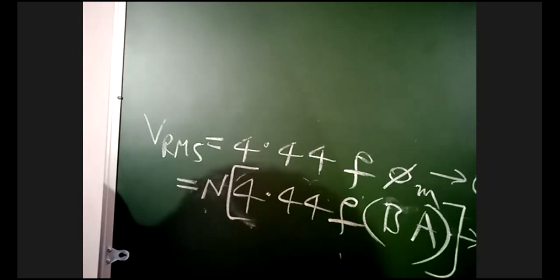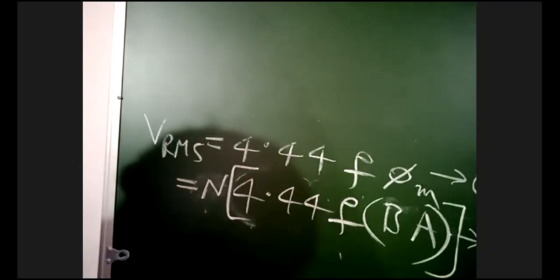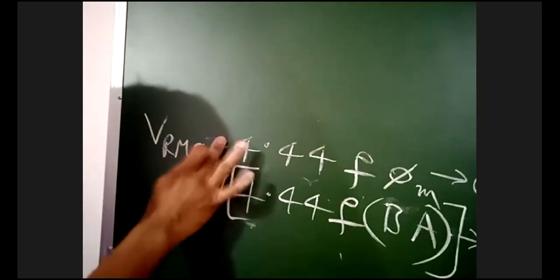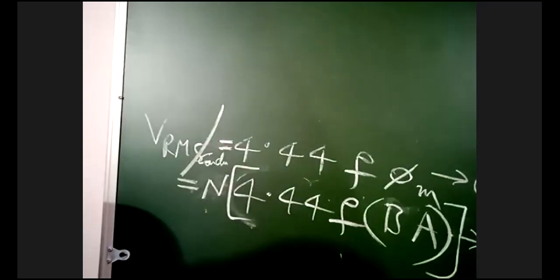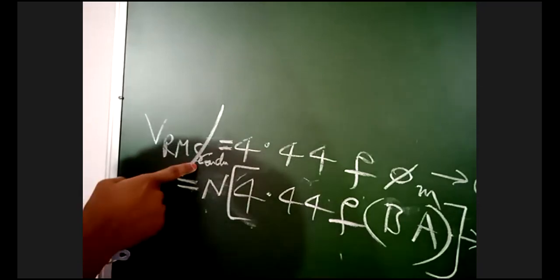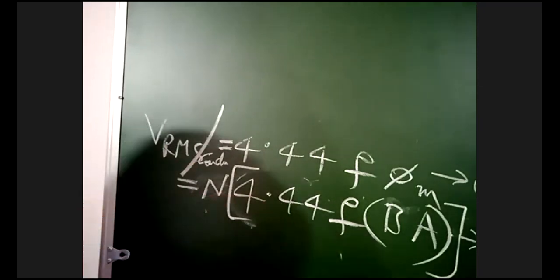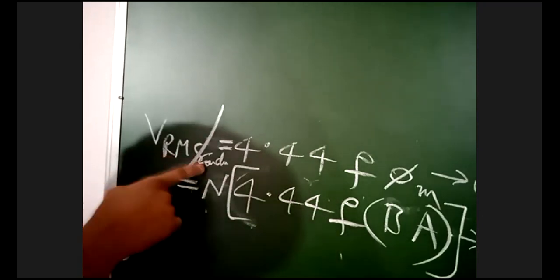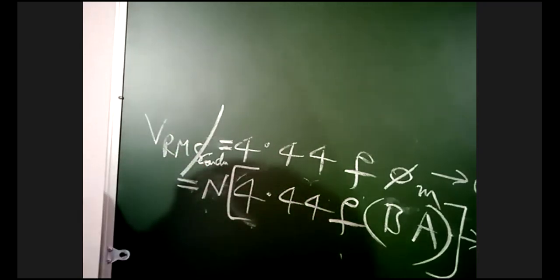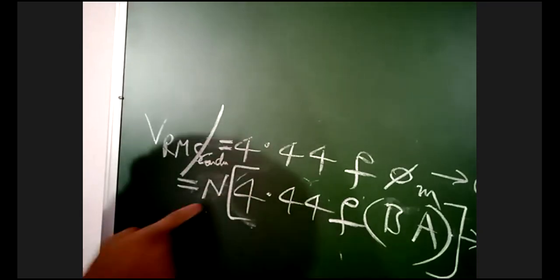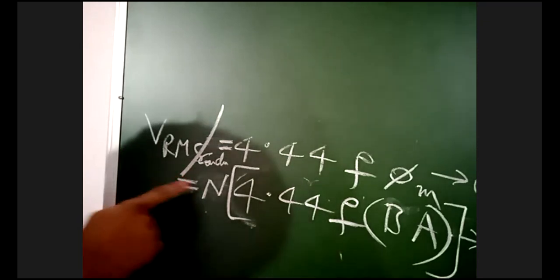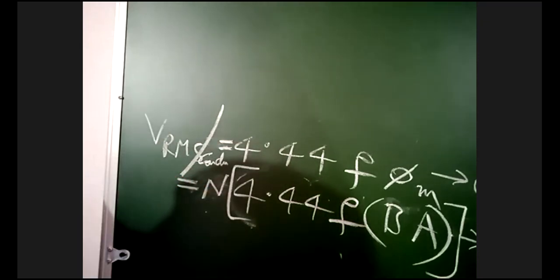But if you take N as some value, you have to multiply with it. This is the RMS value per conductor, for a single conductor. For N number of conductors, multiply with N. This is the RMS voltage equation, the EMF equation of the transformer.